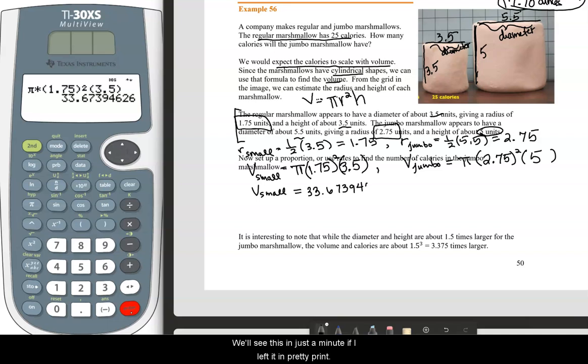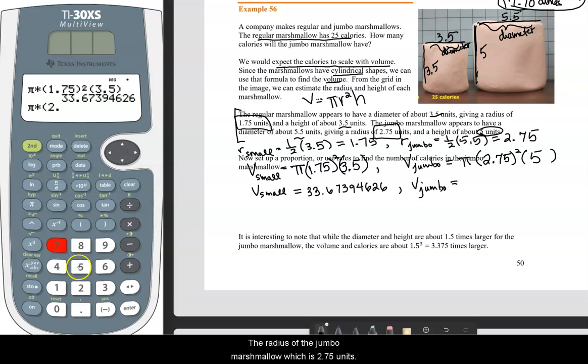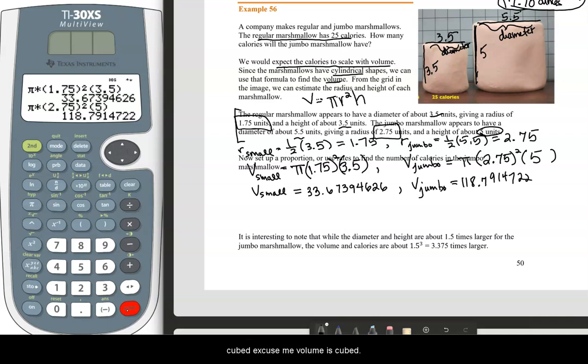And the volume of the jumbo marshmallow is pi times the radius of the jumbo marshmallow, which is 2.75 units, squared, times the height of the jumbo, which is 5 units. And that works out to around 118.791472 units cubed, excuse me, volume is cubed.